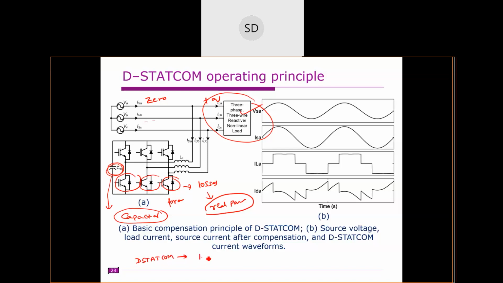It is usually 1.6 to 2 times. So if the phase voltage peak value is, for example, 100 volts, then the DC side voltage of this STATCOM, or this capacitor voltage, we need to maintain somewhere between 160 to 200 volts.